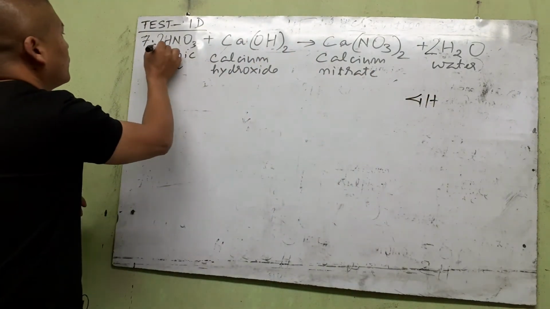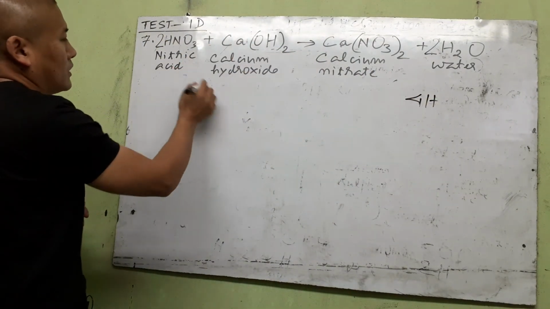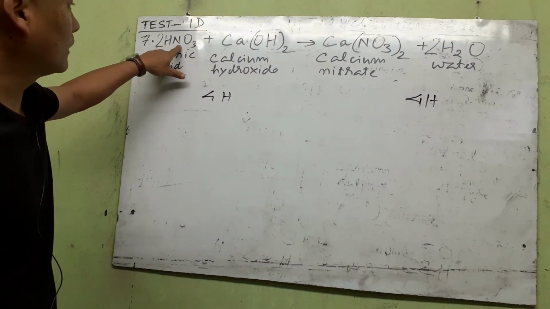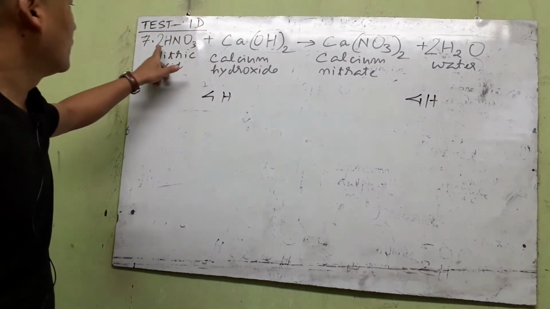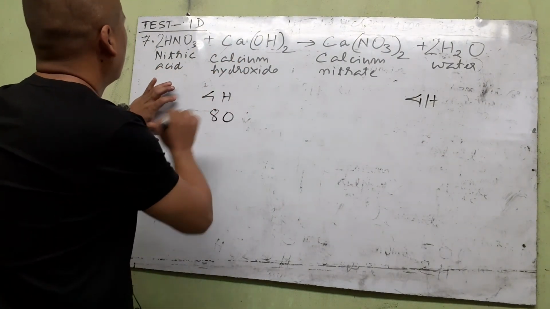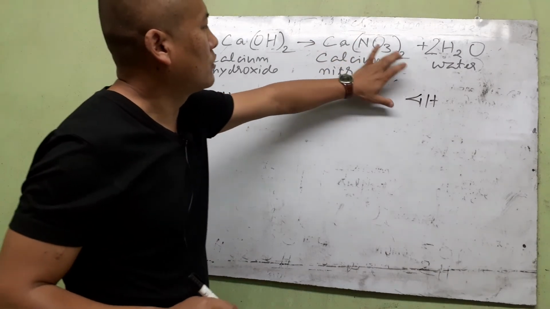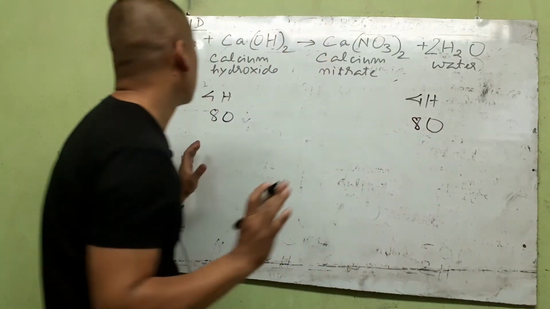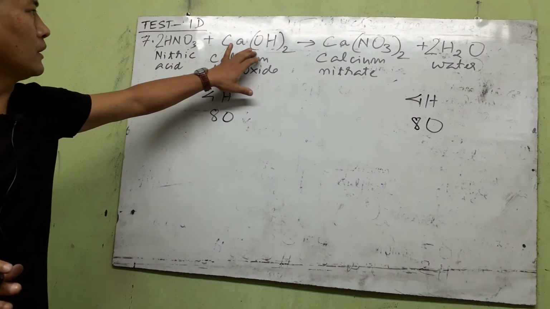Then here 2, you put 2 1s are 2H plus 2H, 4H. Balanced. Now let us go to the N. 2N. Here also 2N. Then 2 3s are 6 plus 2O, 8O on the left side. Then here 3 2s are 6 plus 2 1s are 2, 8O on the right side. Balanced. So now everything is balanced here.